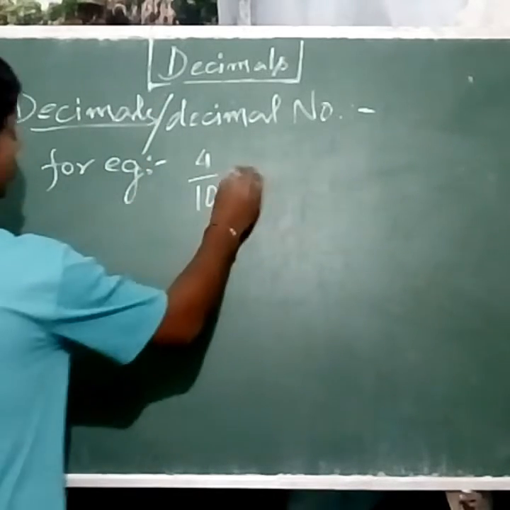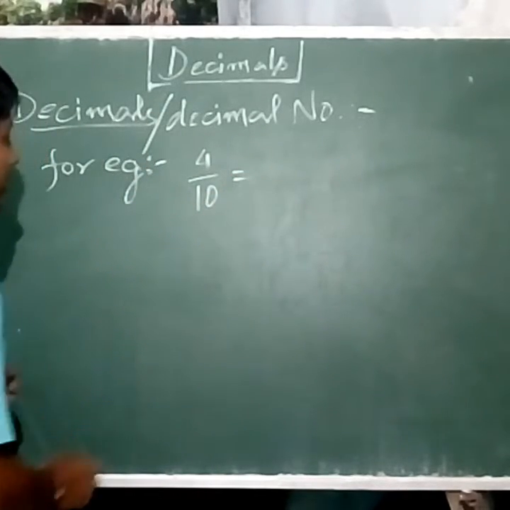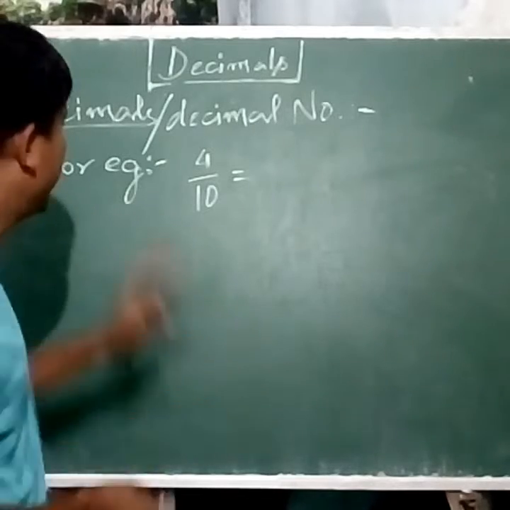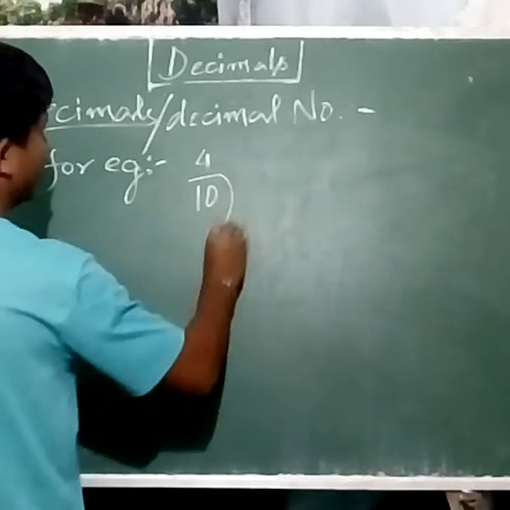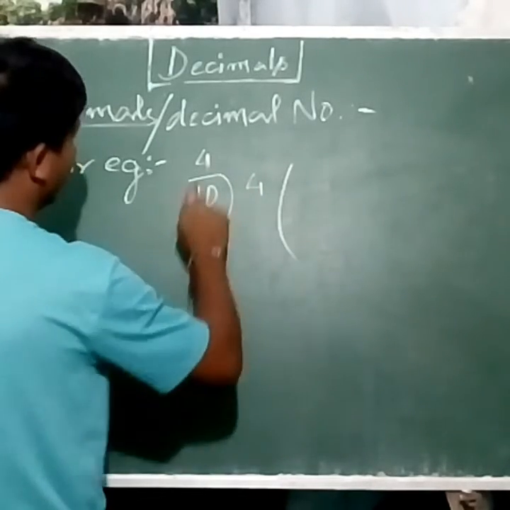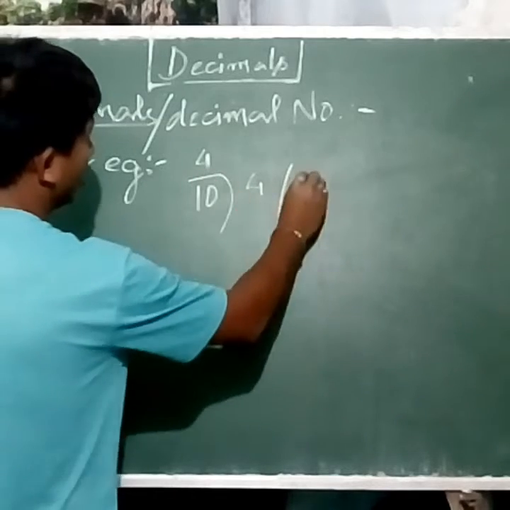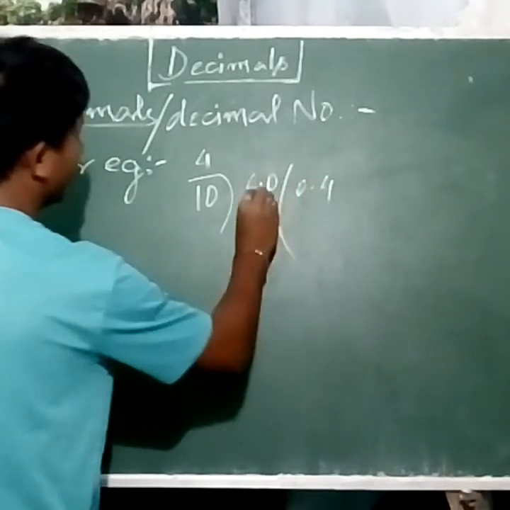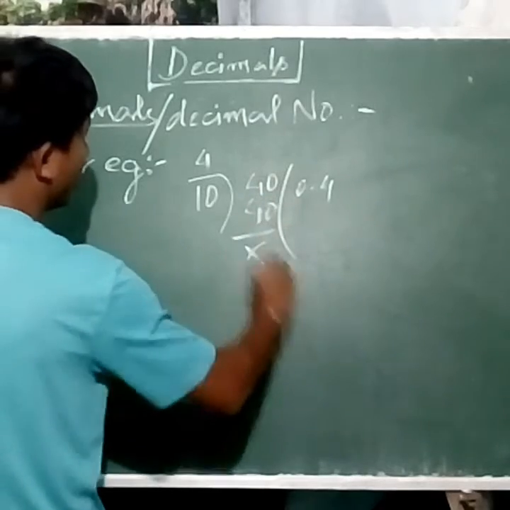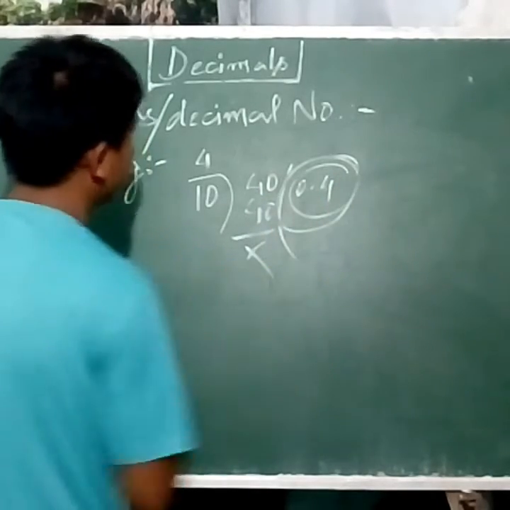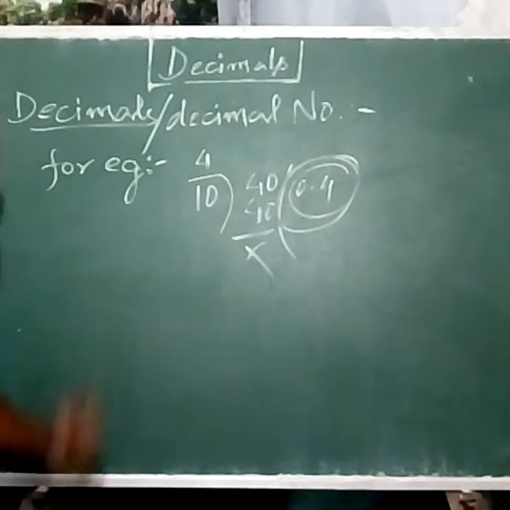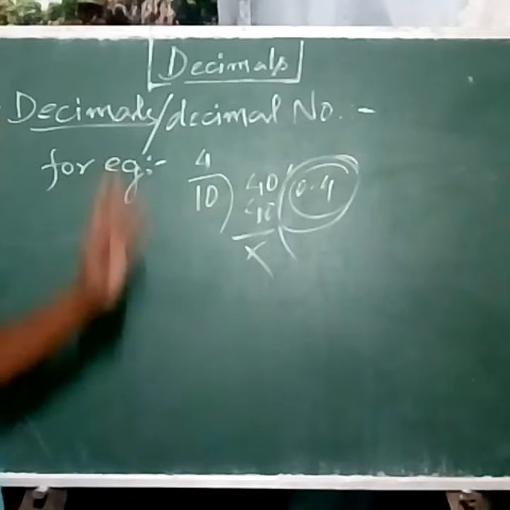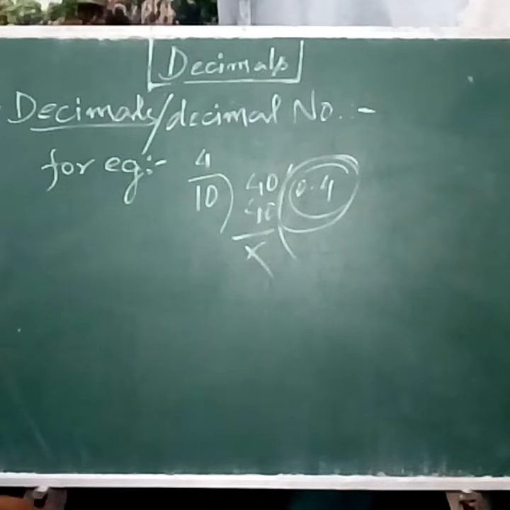If you are going through the basics, it's 4 by 10, so 0.40. So this number is called what? A decimal number, or decimals. Simply you can call it decimals, a decimal number.